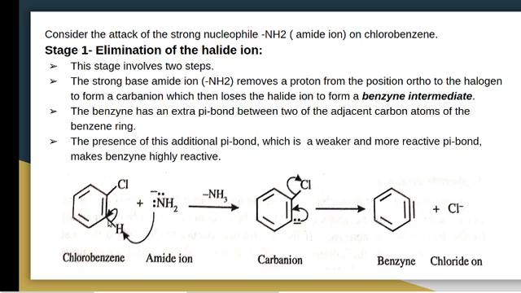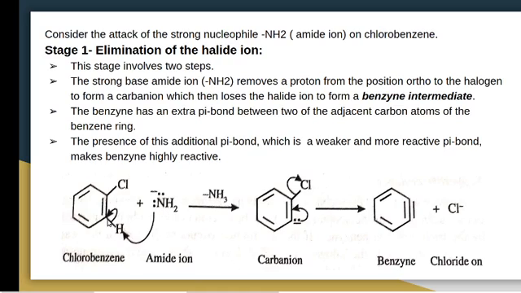This is the ortho position. So this incoming nucleophile or strong base NH2- removes a proton from this position. That means when the electron pair of this C-H bond shifts towards this, this hydrogen will be removed as a proton, H+, which combines with NH2- and forms ammonia. So it will get removed from this reaction, that is minus NH3.